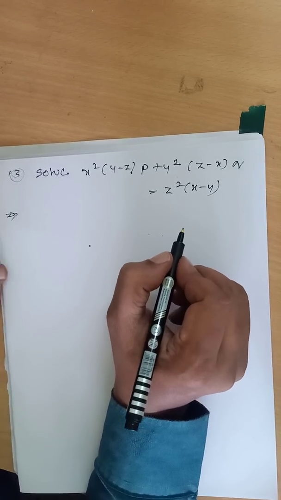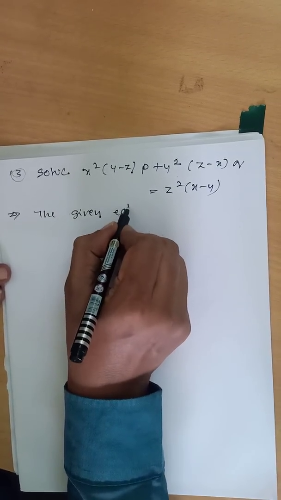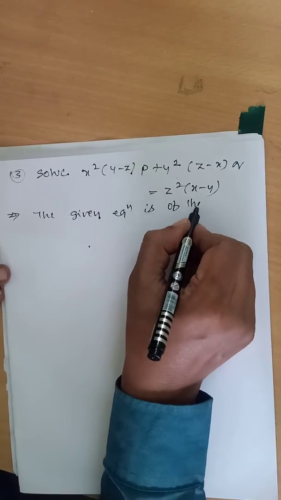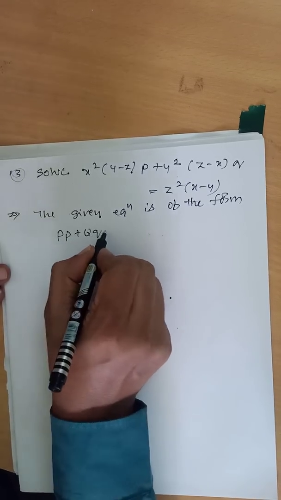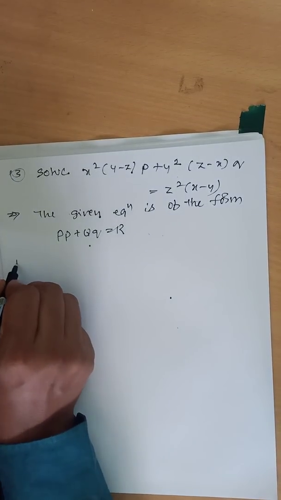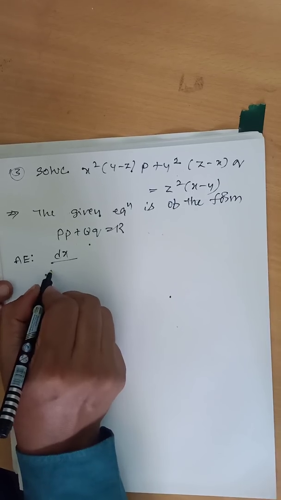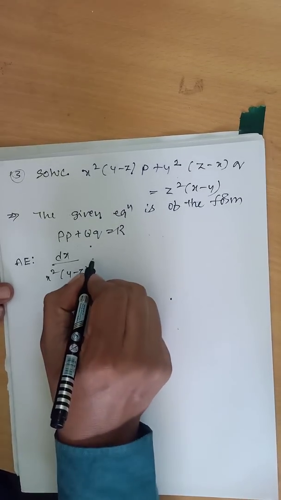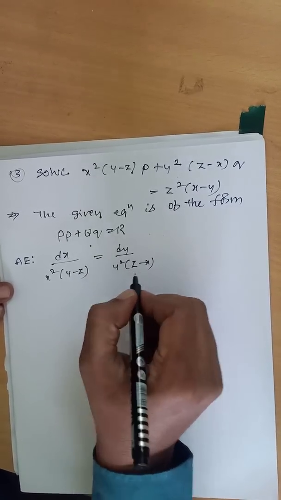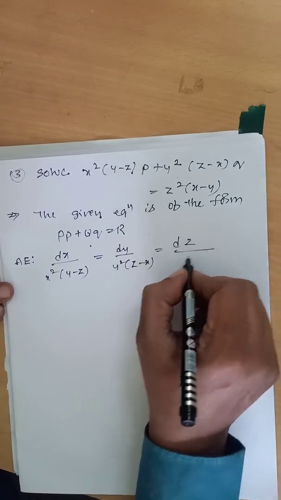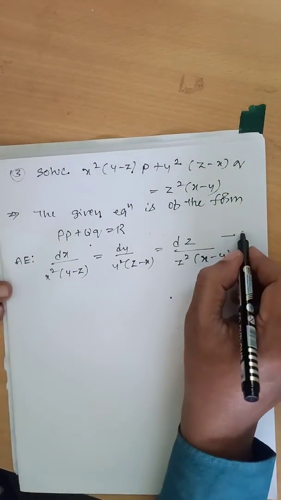Solution: the given equation is of the form Pp + Qq = R. The auxiliary equation is in the form dx/x²(y − z) = dy/y²(z − x) = dz/z²(x − y). Call it equation 1.